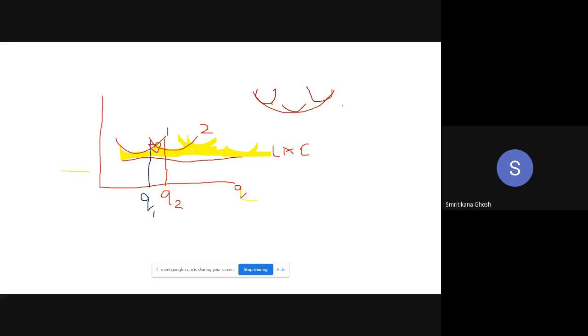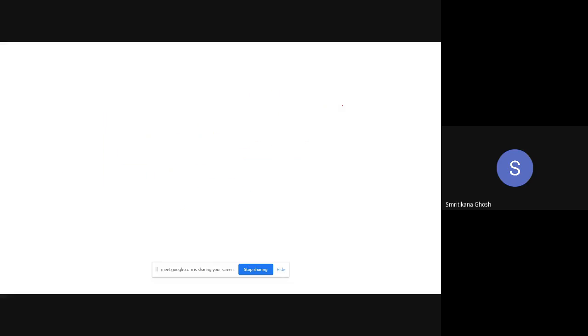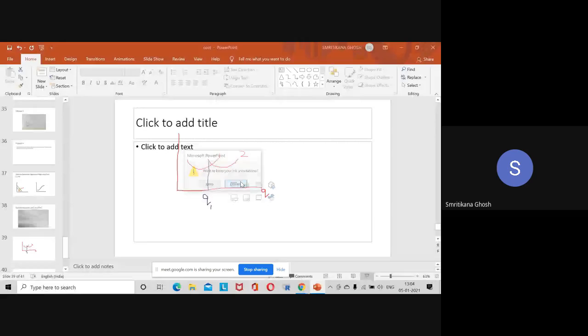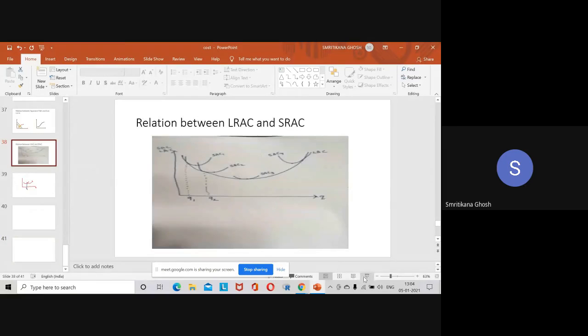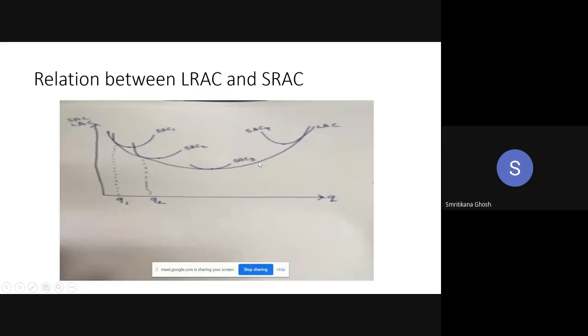Now look at your LAC curve. Now look at my diagram. If you look at your LAC curve, it's just like some papers are inside, some small curves are inside your large LAC curve.